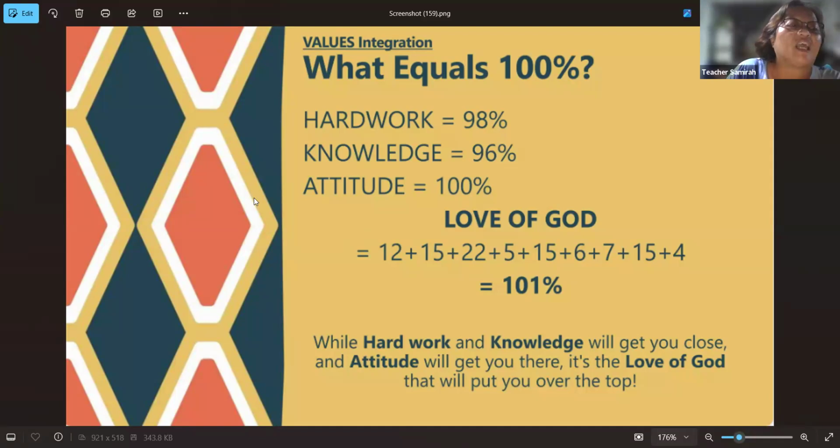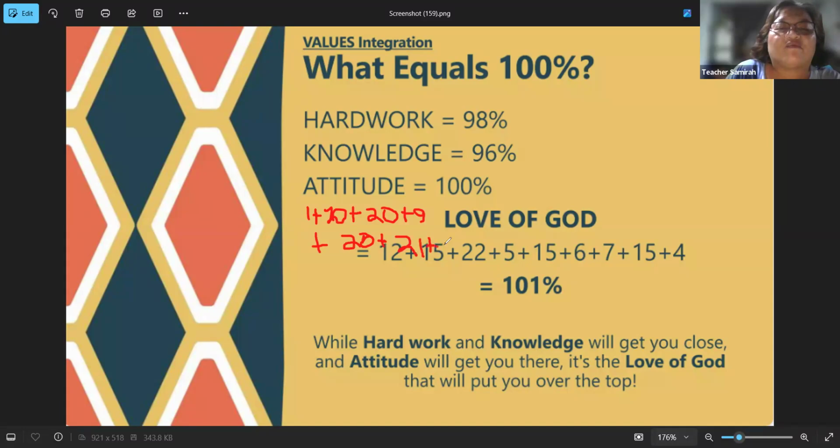Because if you look at it, A is 1, plus T, which is 20. So 20 plus 20. I is 9, and then we add 20 again. And then we add U, which is 21.